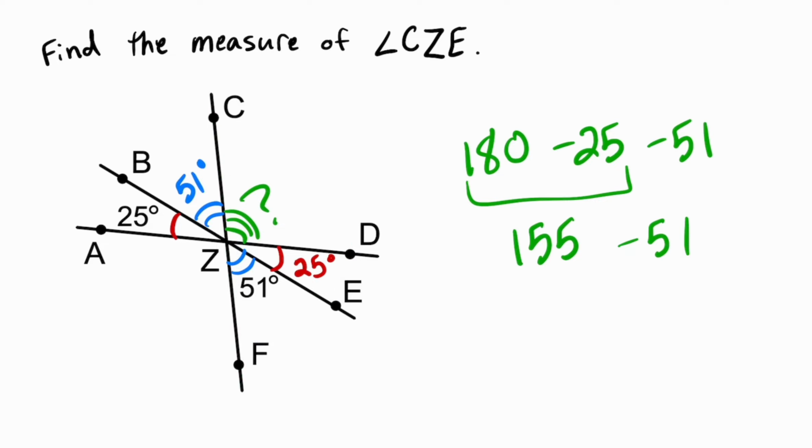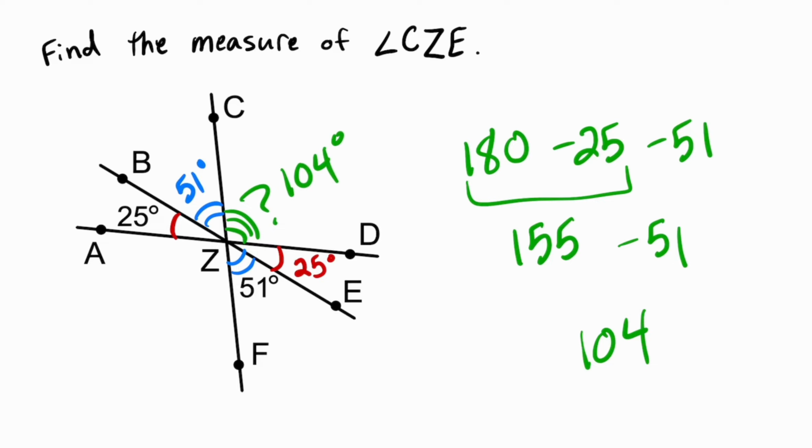Or we could have used this line and said this plus this equals 180. So really, anywhere you see a straight line, you've got that supplementary relationship where whatever angles combine to make that line have to add up to 180 degrees. So again, going back, here was our answer, 104.